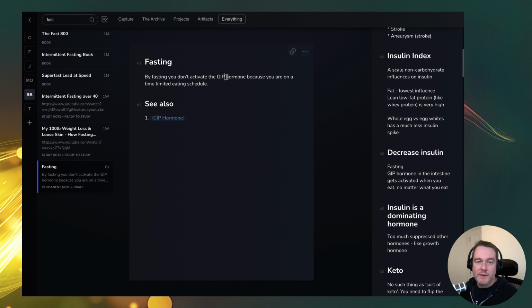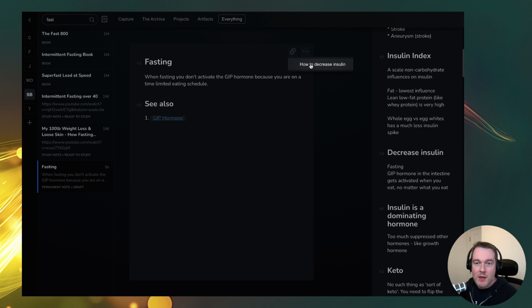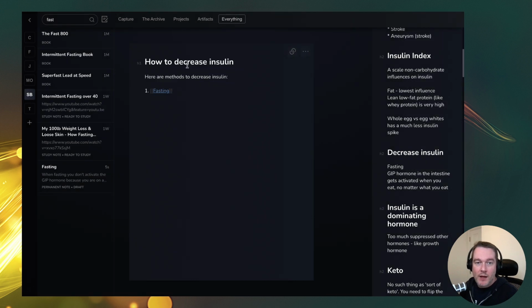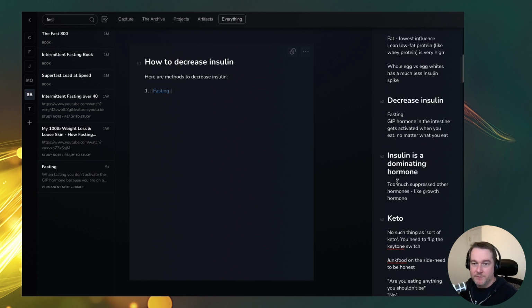You don't activate it when fasting. In other words, when you are eating, you do trigger it, obviously. But now, one way of decreasing insulin is via fasting. Other ways, we don't really cover.